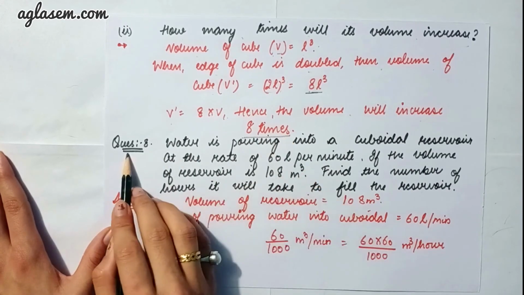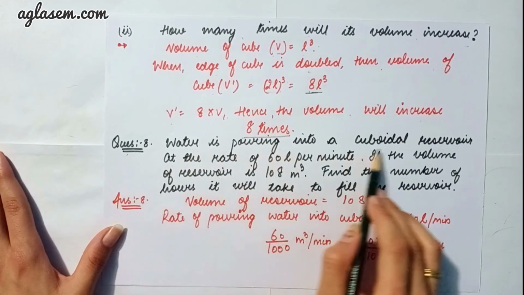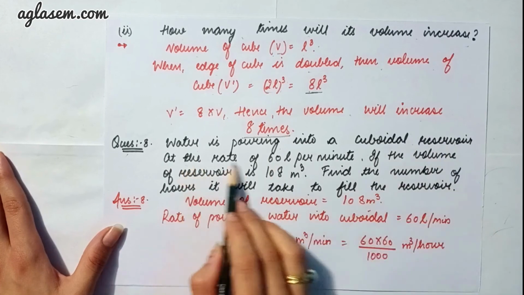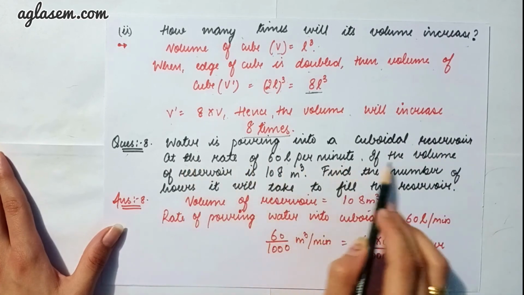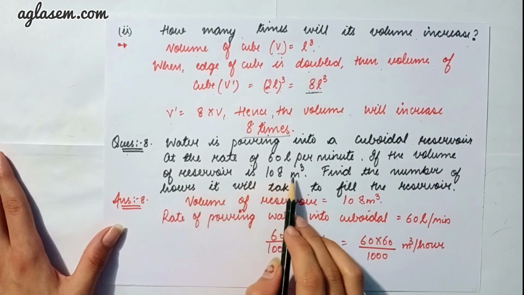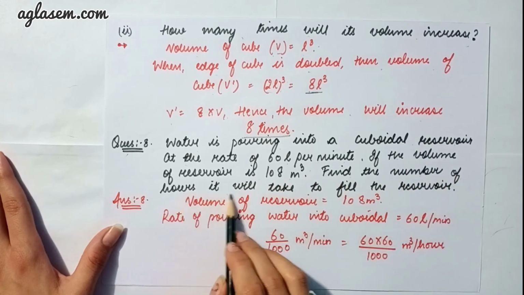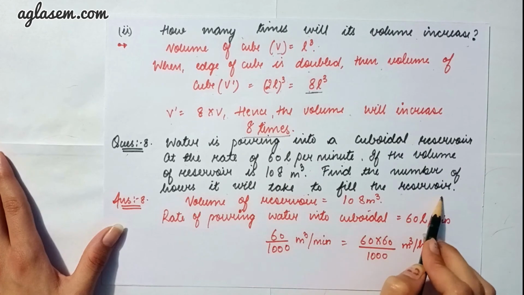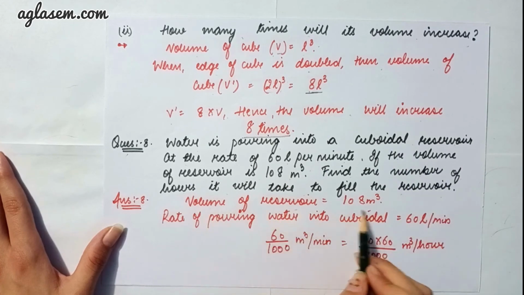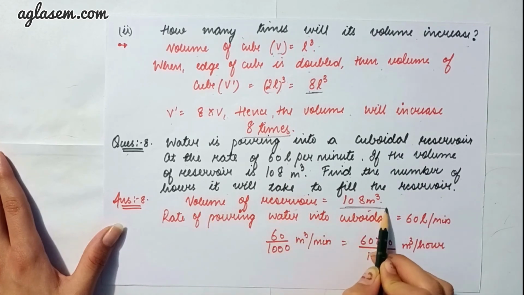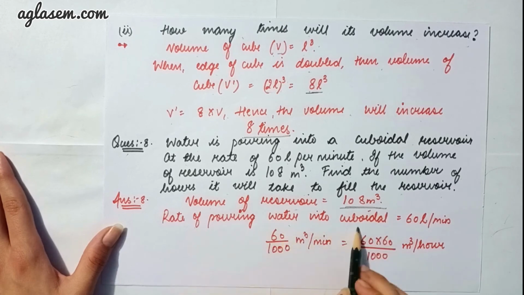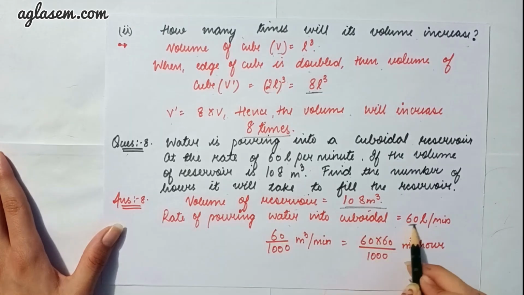Moving to our 8th question, which says water is pouring into a cuboidal reservoir at the rate of 60 liters per minute. If the volume of the reservoir is 108 meter cube, we have to find the number of hours it will take to fill the reservoir. The volume of reservoir is given to us, 108 meter cube, and the rate of pouring water is 60 liter per minute.